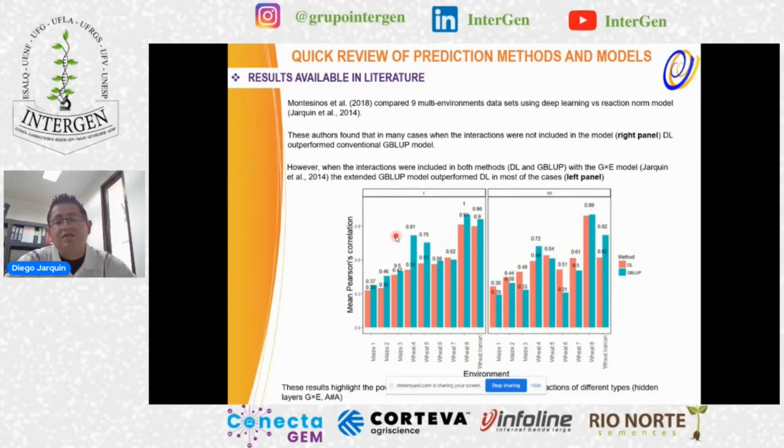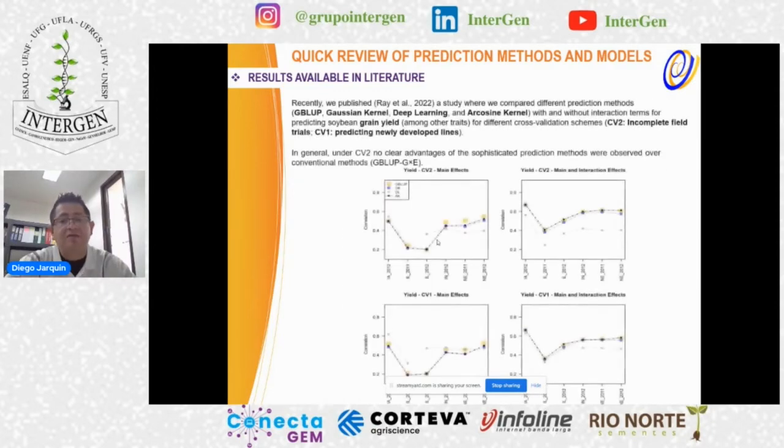So these results highlight the importance of using these AI implementations in order to be able to capture these complex relationships. However, when we are able to formally include these parameters in the model, we don't see that much improvement compared with the conventional methods.